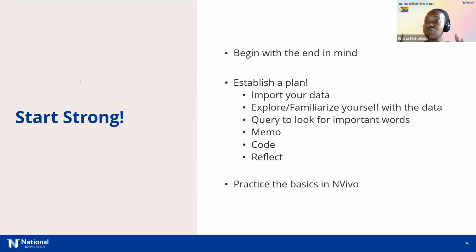You want to establish a plan. Now, hopefully this plan was part of your chapter 3 or your section 1, depending on what you're completing. But you at least want to think about a plan to approach the data in NVivo. So you want to make sure that you're very clearly importing your data correctly and appropriately.